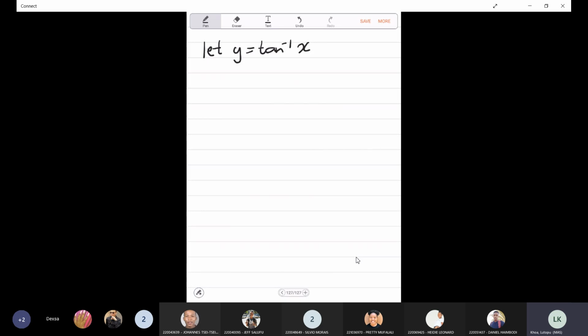And we know that if y is tan inverse of x, this means that x is equal to tan of y. Now, if x is equal to tan of y, we can represent this in a right angle triangle. So we draw our right angle triangle like that.